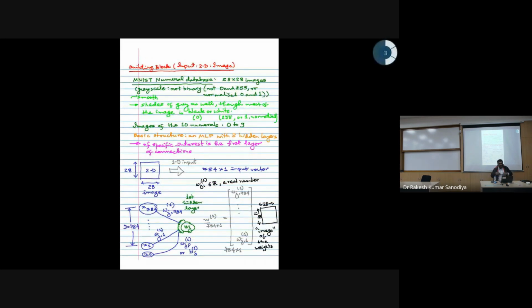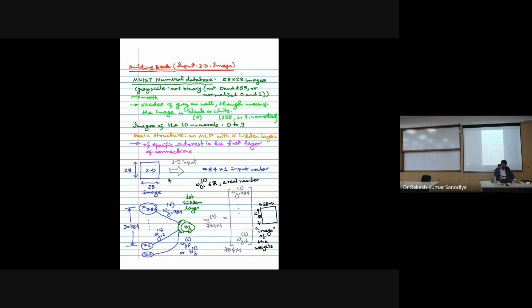Now, coming to the basic part: where is the conceptual jump from a multi-layer perceptron to a deep neural network? Or rather, what is a deep neural network? Why does this differ from the 1980s concept of a multi-layer perceptron?